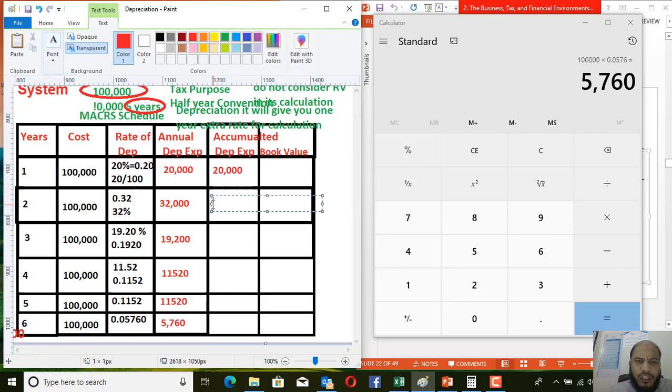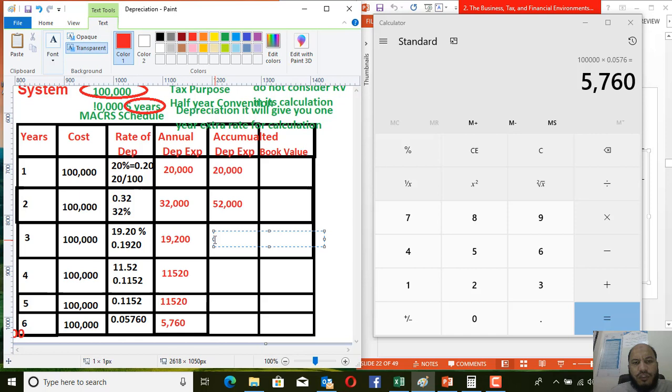In year 2 it will increase, because we have 20,000 from the previous year and 32,000 current year expense, so the accumulated depreciation for 2 years is 52,000.